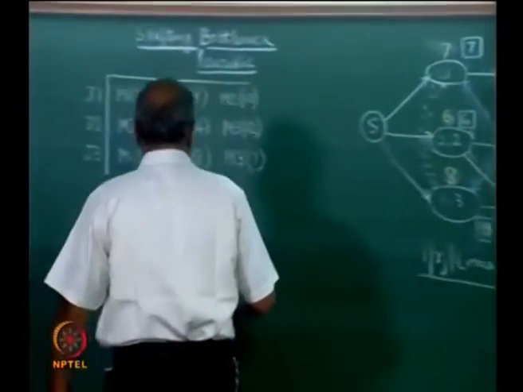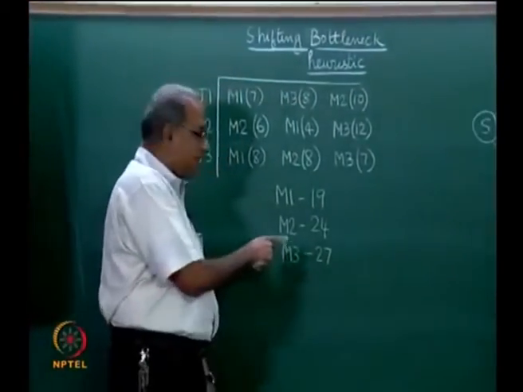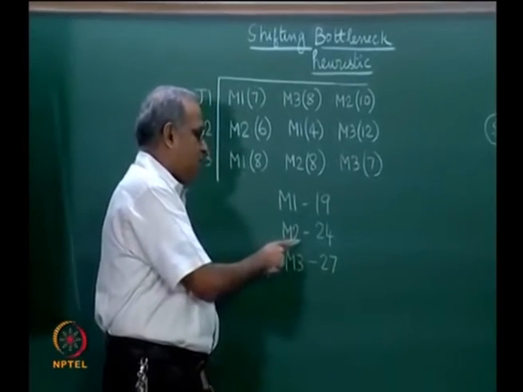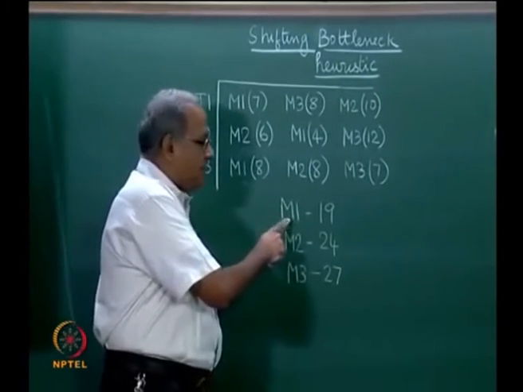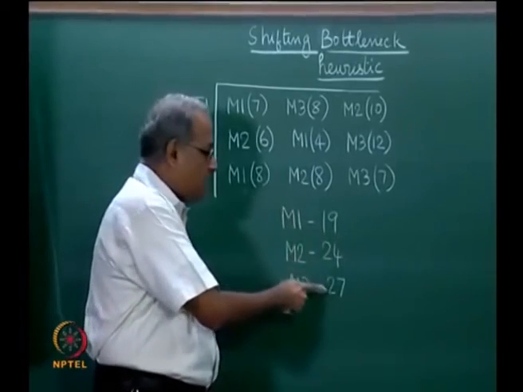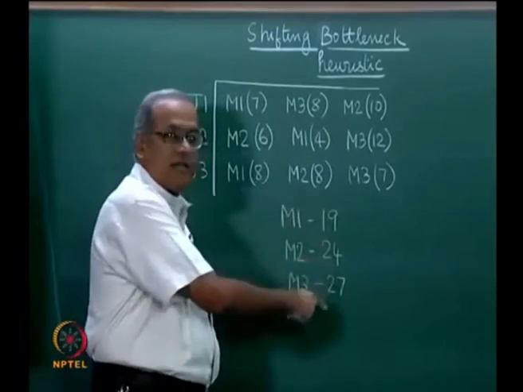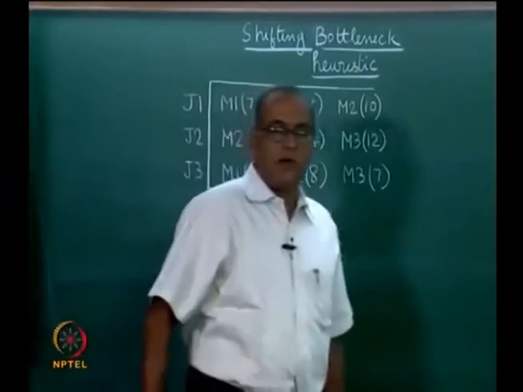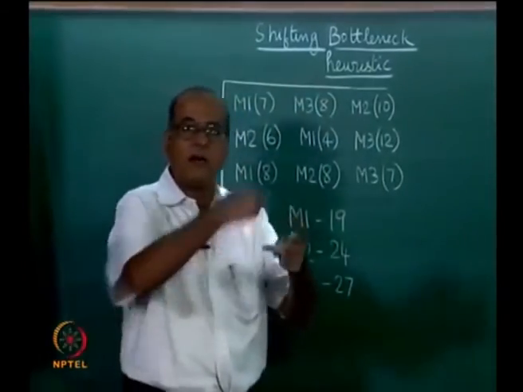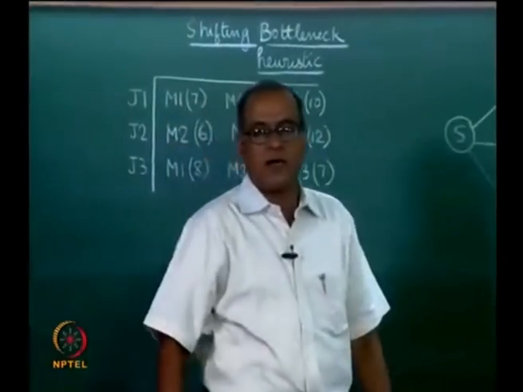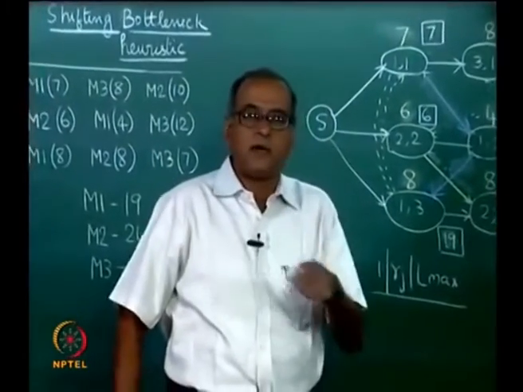The thumb rule that we used here, we first did it on M3, then on M2 and then on M1, because our choice was based on the workload on each of these machines. Now, this particular order of applying the 1 | rj | Lmax need not be optimum.